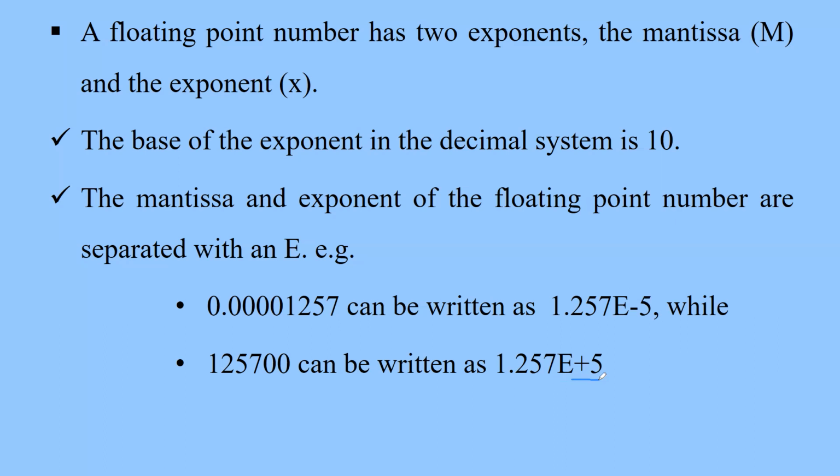Any number that does not have a negative sign, if, for example, you say 1, you can write it as positive 1. 10 is positive 10. And therefore, this means you are raising 1.257 to power positive 5. So it is 1.257 e positive 5.